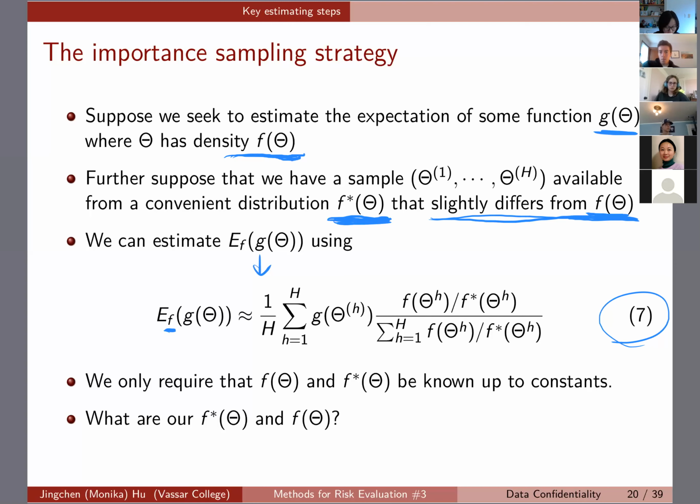So let me pause here. And based on your understanding so far, don't feel bad if you don't get it. But if you have read the section, maybe you will have some idea. And think about, well, based on what we're trying to do, what do you think are our f star(theta)? And what do you think is our f(theta) here? And what can you do from there?